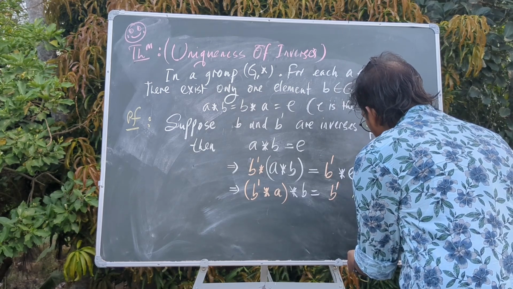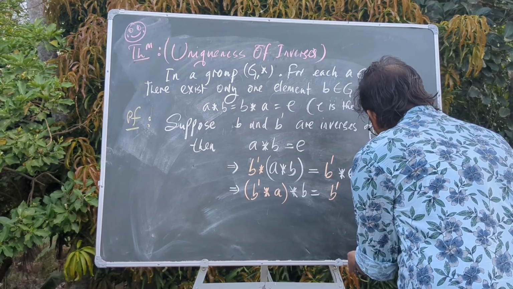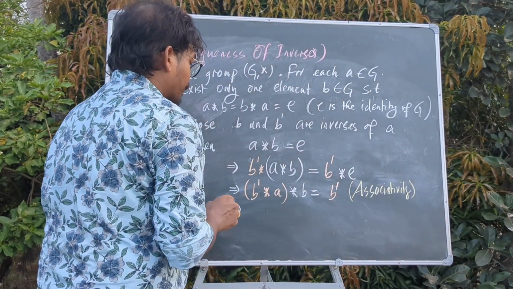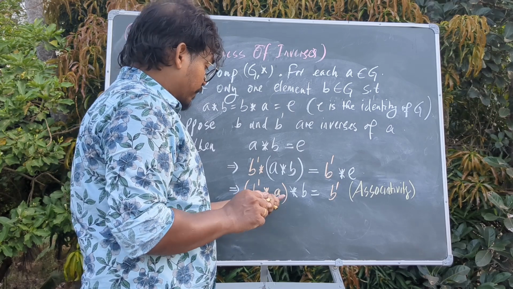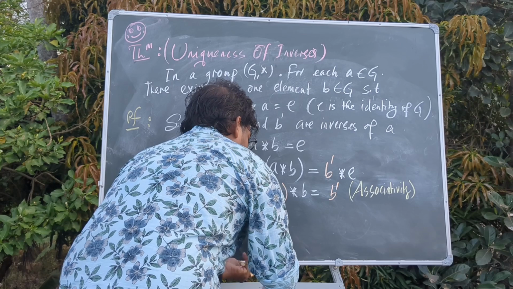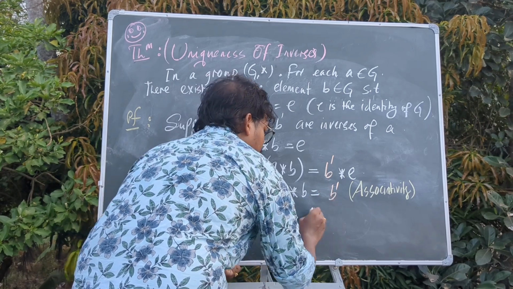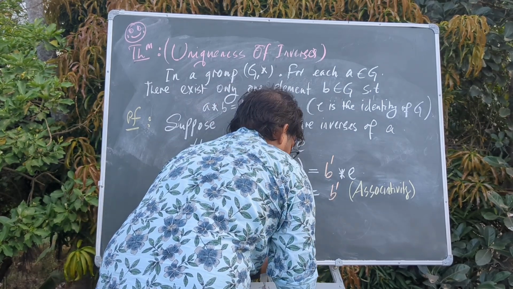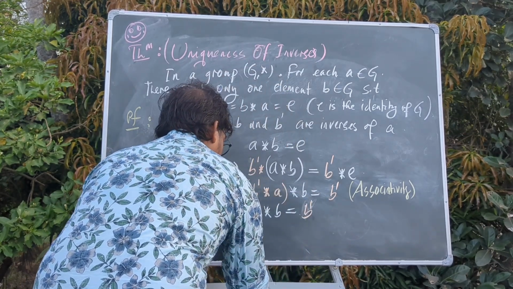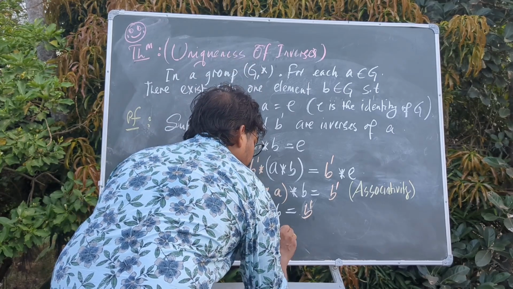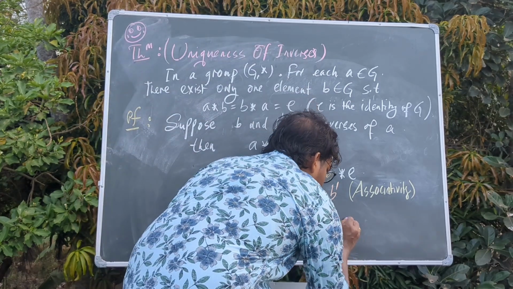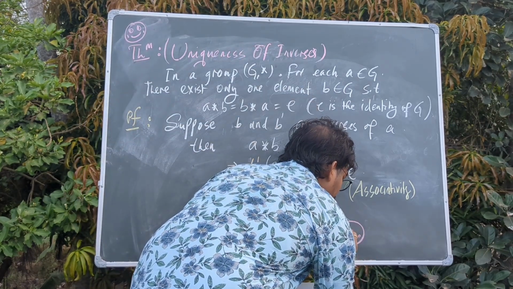By associativity, and this says this is one inverse of A, and now we have this is identity, and this is star B, and right side we have B dash. Let me use the color. B dash, and this is B. And right side we have, and this happy little theorem is proved, and we are happy.